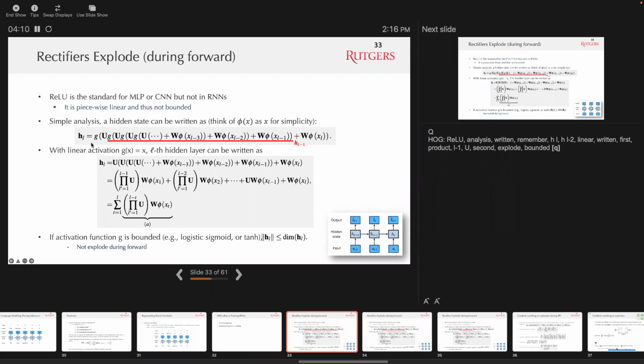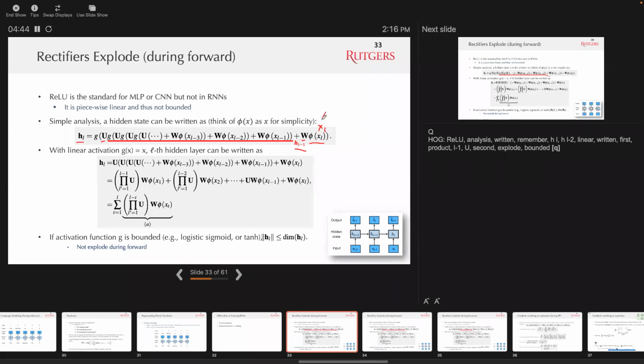So we already know how to compute the hidden state at some time step. Let's say that is H_L. To compute H_L, we're going to take the previous history, H_{L-1}, times a matrix U, plus W times X_L.